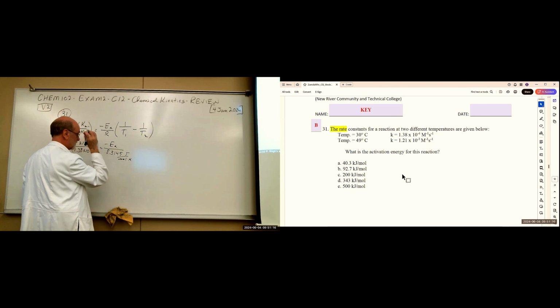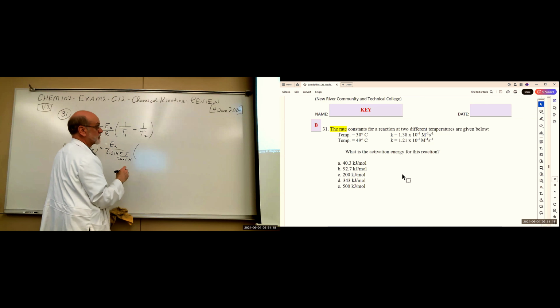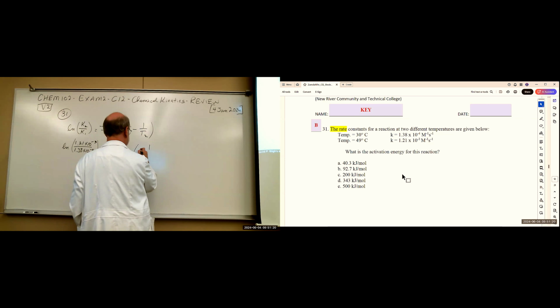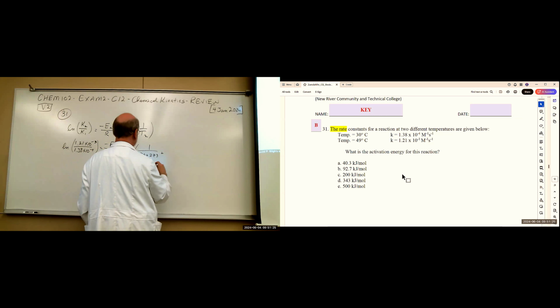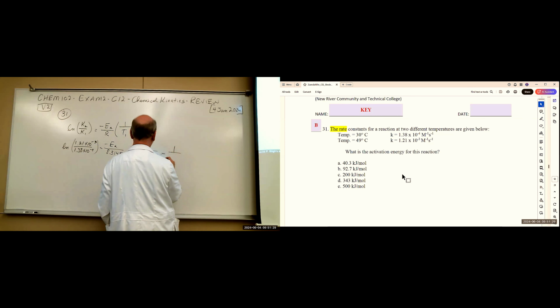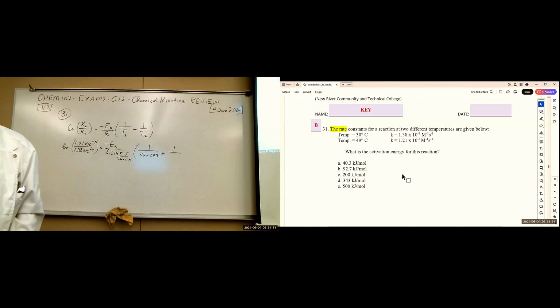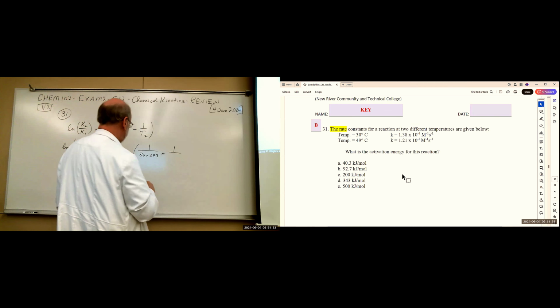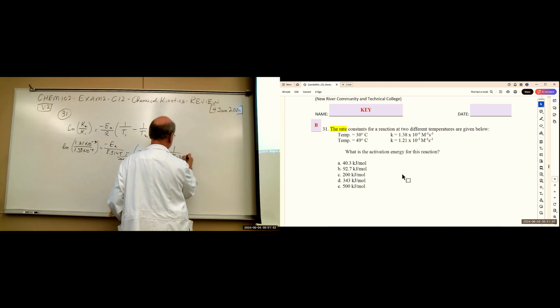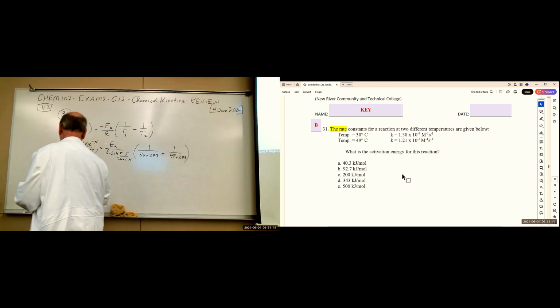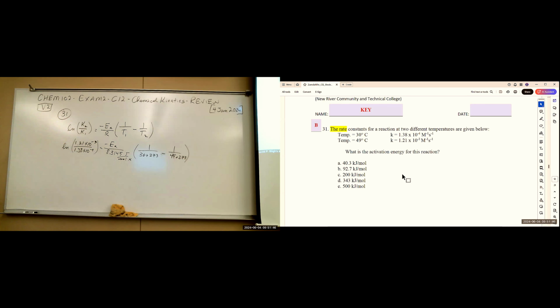Okay, temperature. The first temperature is 30 degrees, so it's 1 over 30 plus 273. Remember, this has to be in K. And then minus 1 over the second one, which is 49 plus 273. There we go. Now let's resolve some of these numbers.